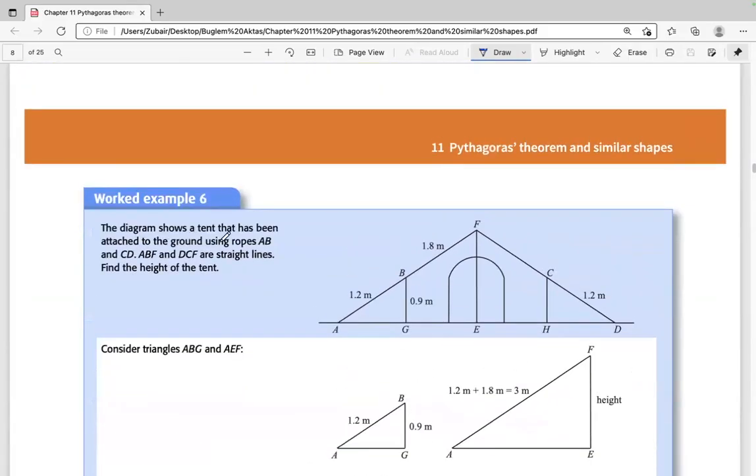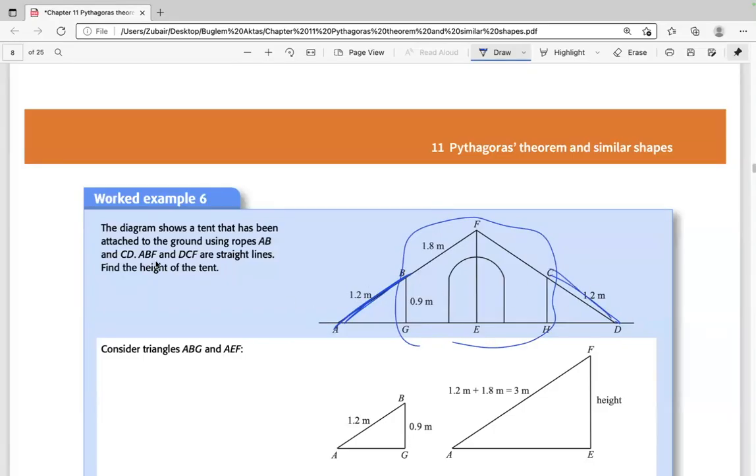Okay, the diagram shows a tent that has been attached to the ground using ropes AB and CD. Slowing down a bit till we read the information. AB rope and CD on the other side. So this section is the tent. AB and CD are the ropes.